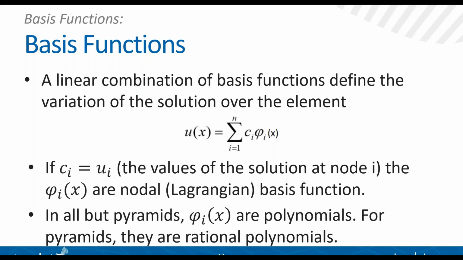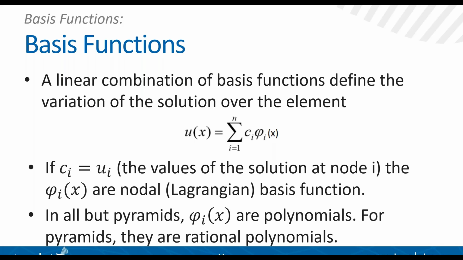So the solution variation over the domain is a linear combination of the basis functions. If the coefficients, the Ci, are equal to Ui, the values of the solution at node I, then your basis functions are nodal Lagrangian basis functions. And that's what we are dealing with currently.